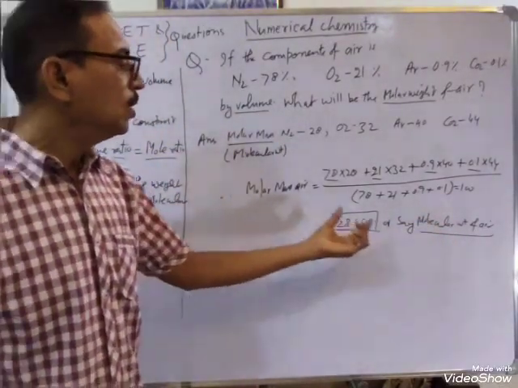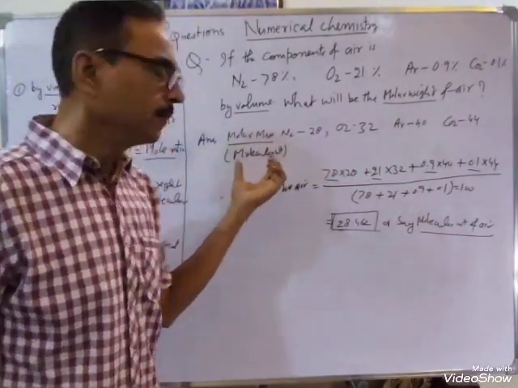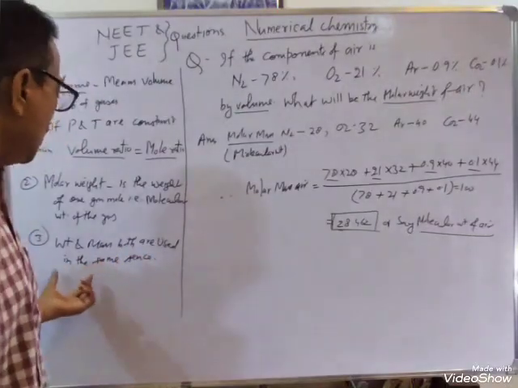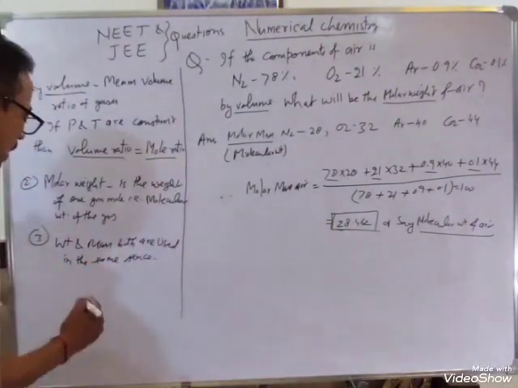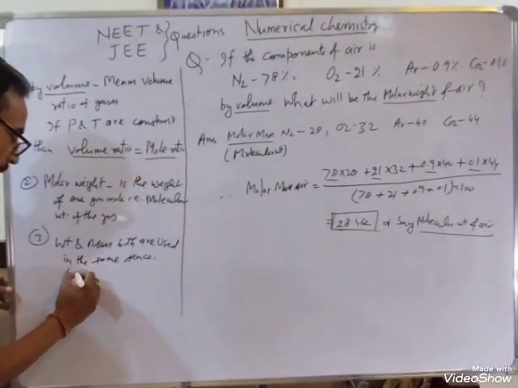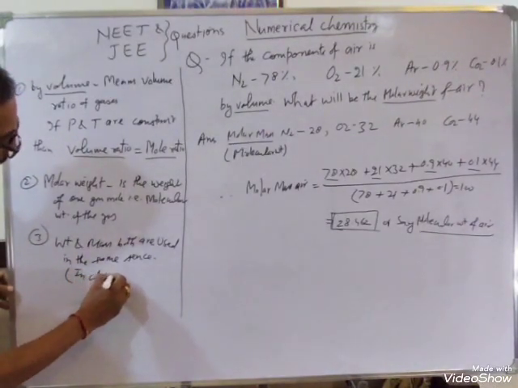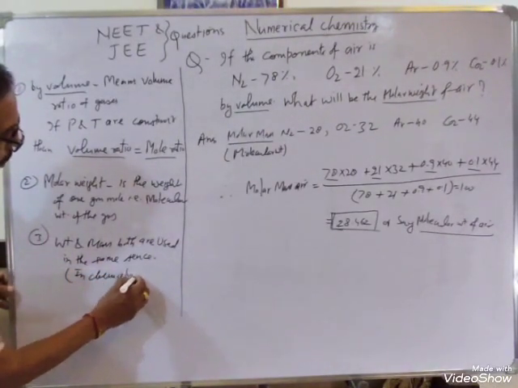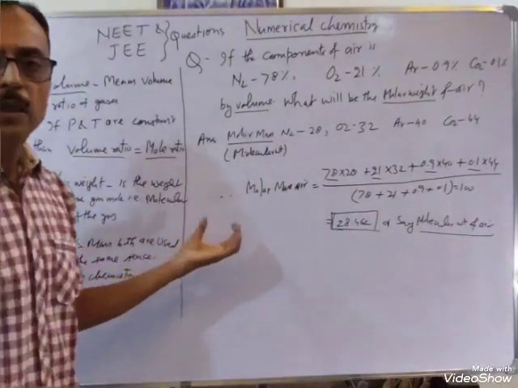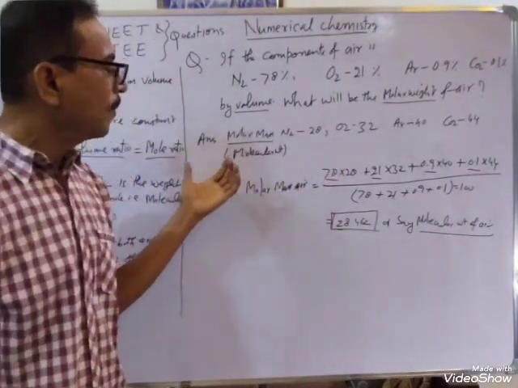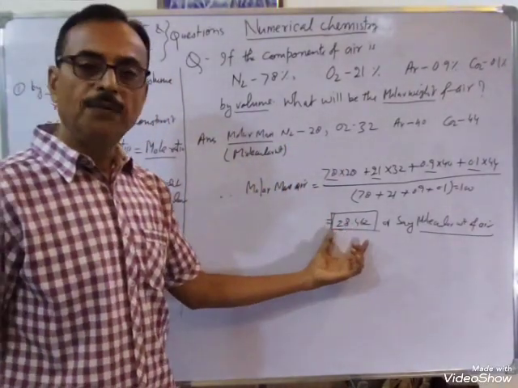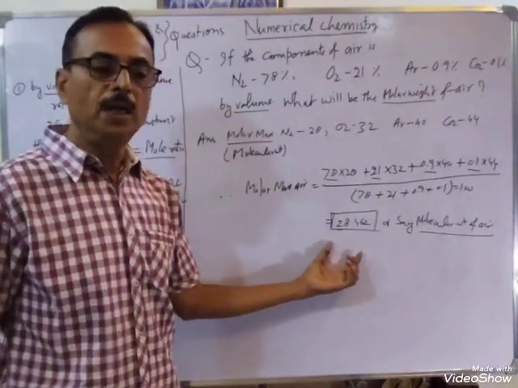Mass and weight are both used in chemistry, but in physics these terms differ. In chemistry both are the same. So I think you remember it. Molar mass of air or molecular weight of air.